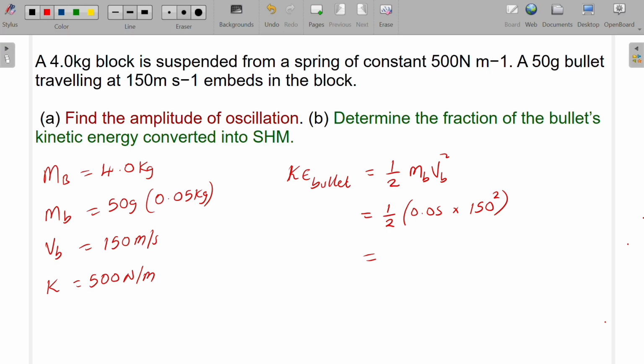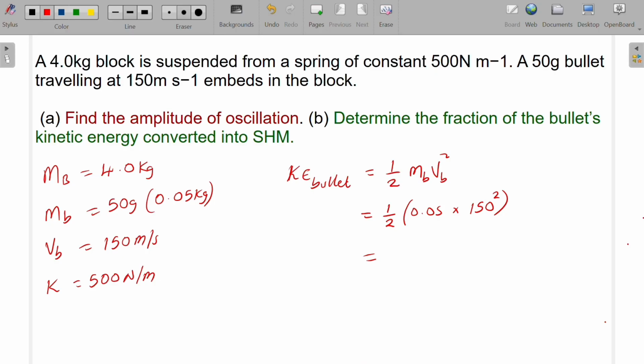When we do that, we have 150 squared, multiplied by 0.05, multiplied by 0.5.